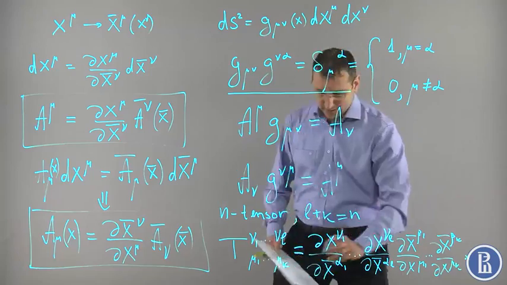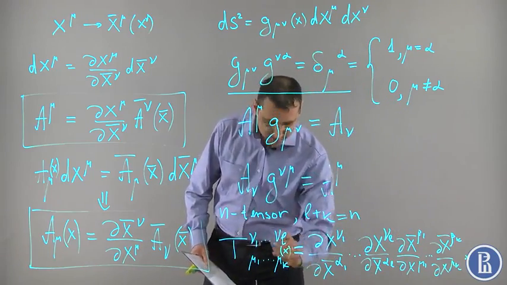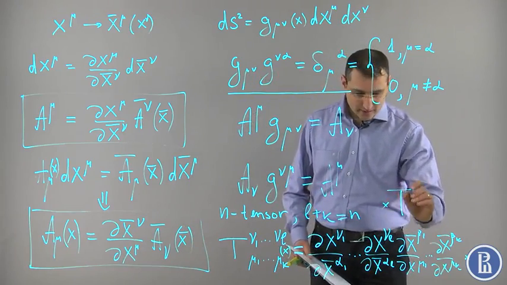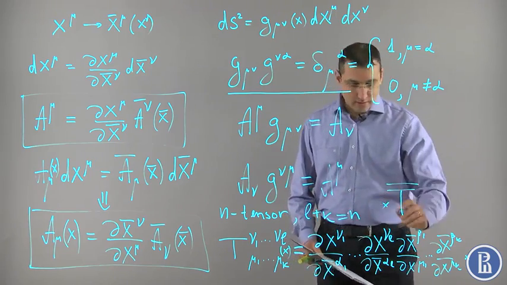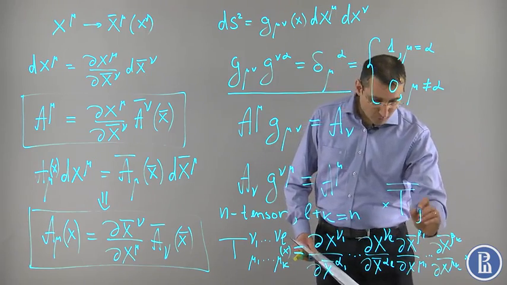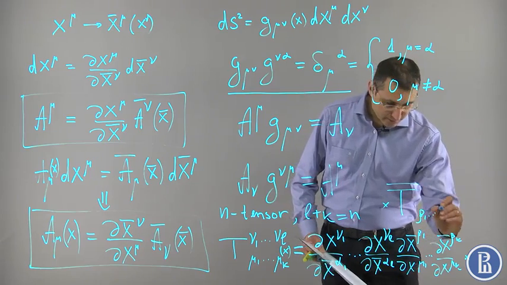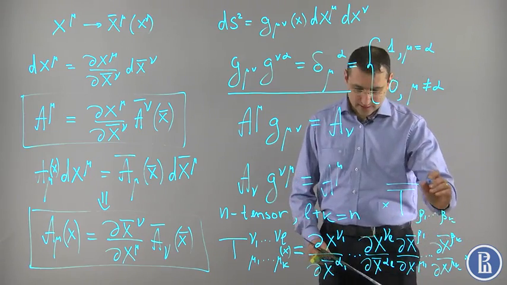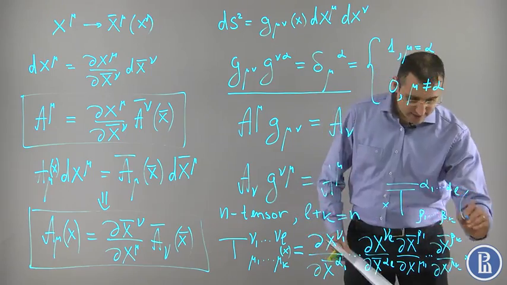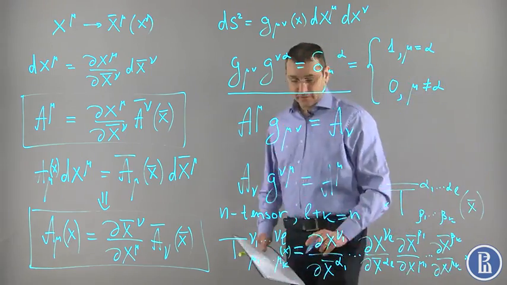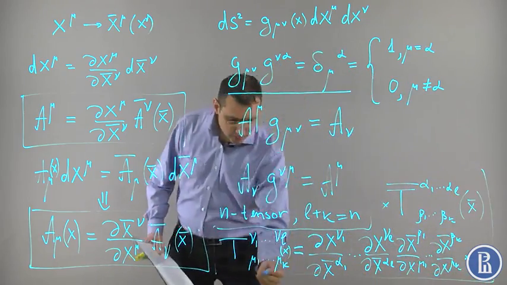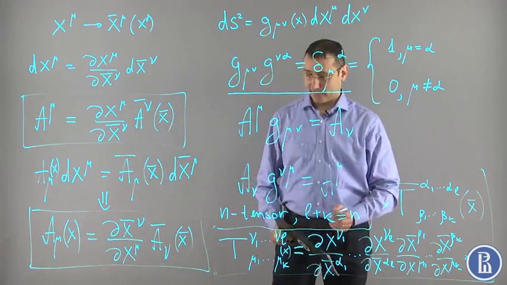This tensor is a function of x, multiplied by T bar of correspondingly beta 1 to beta k, and alpha 1 to alpha L, as a function of x bar. If there is a quantity which under coordinate transformations transforms like this, we call it an n-tensor.